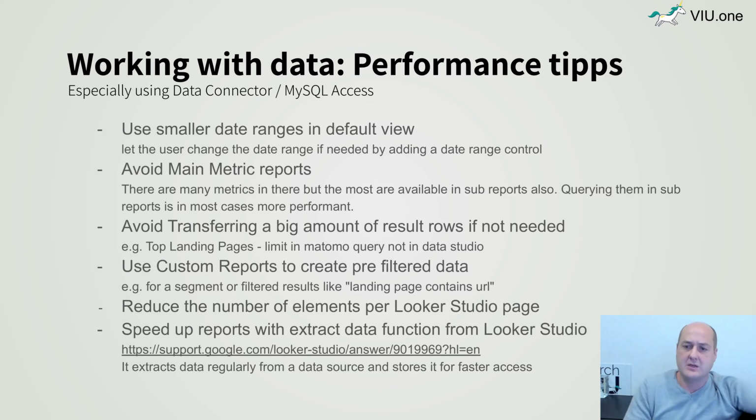And in Looker Studio, there's an option named Extract Data. If you use that, it extracts the data from the source and stores it somewhere in the Google Cloud, and you only access this fast storage, which gets updated each night, and you have a fast report.